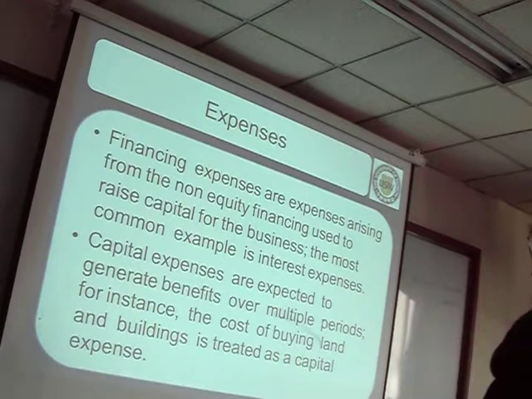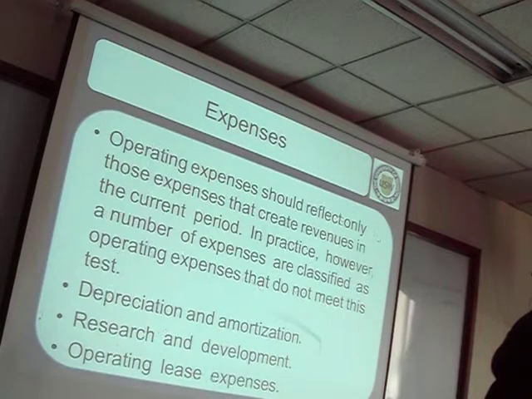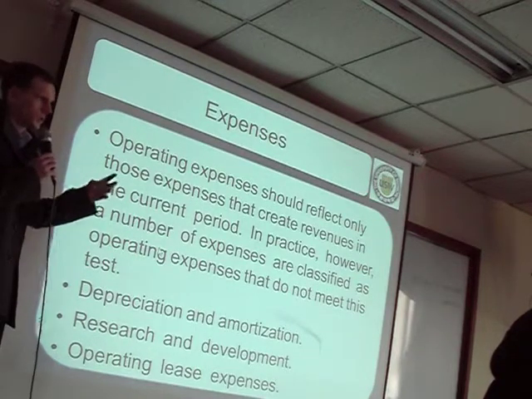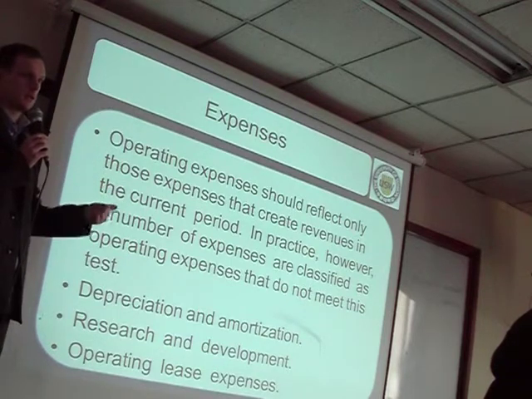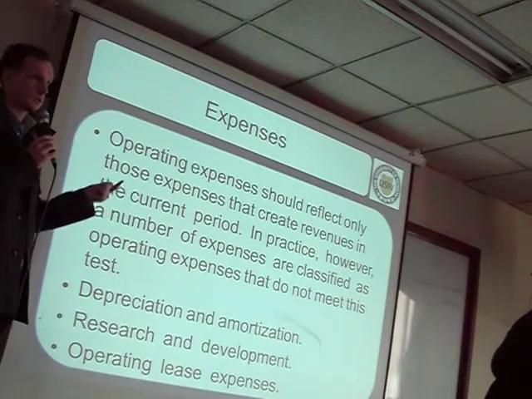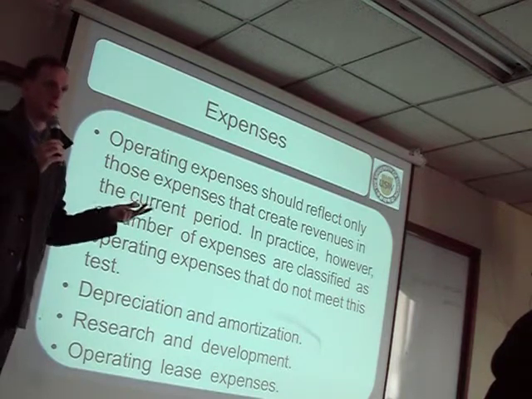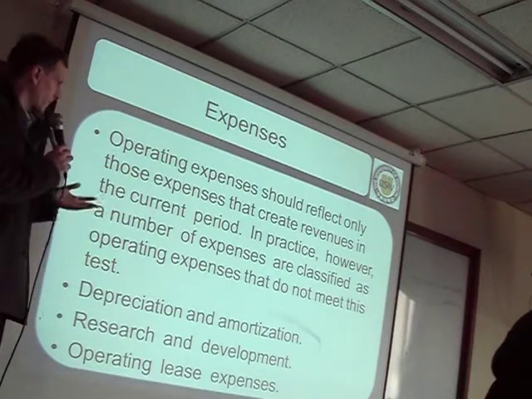Now there are some unusual things that accountants do here. Operating expenses, we said, should be things which we use on a day-to-day basis, like salaries or electricity or materials for our product.